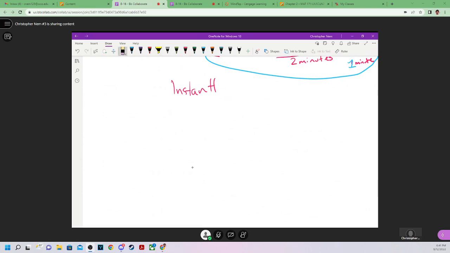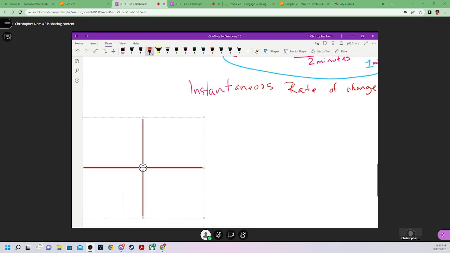Instantaneous rate of change. The idea that I initially described was, let's draw this out. Let's suppose we had a function f. This is f.